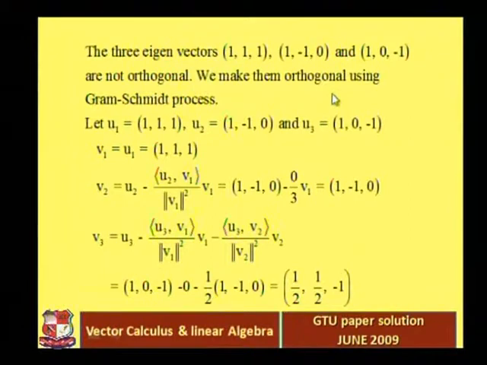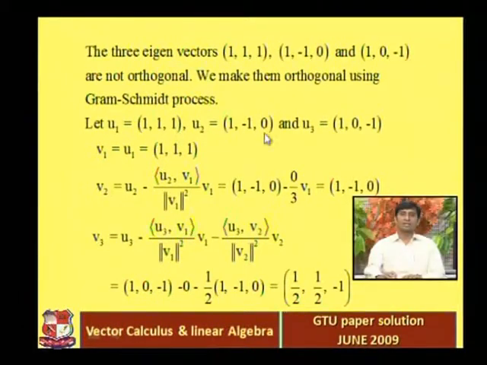So let's try to understand how we convert these three vectors into orthogonal basis vectors. These are u1, u2, u3, where u1 is the eigenvector corresponding to lambda equal to 1, and u2 and u3 are eigenvectors corresponding to lambda equal to 3. First of all, take v1 equal to u1.